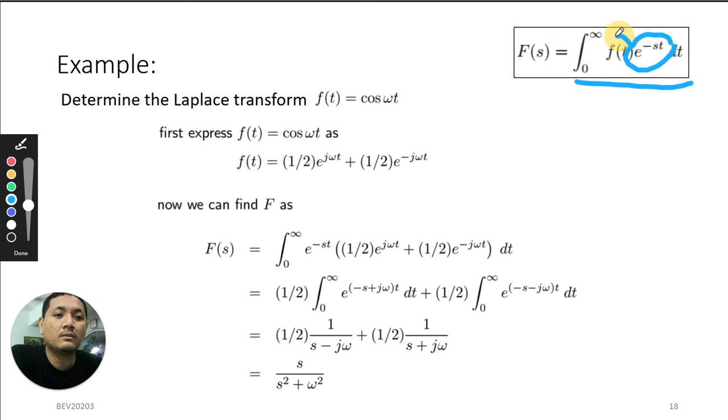To do that, we have to transform f(t), which is cos omega t, into exponential form as well, so that when these two are in exponential form, we can factorize and solve the integration.